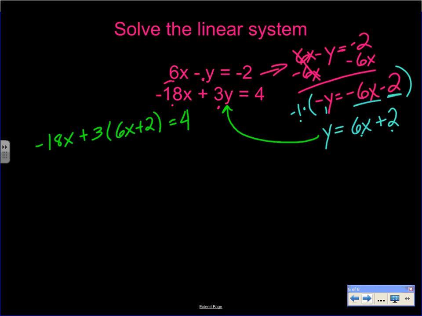Must mean you're doing something right. So if we're looking here, now we have all x's, so we can combine those like terms when we get to that point. We have a positive 3 outside, so let's distribute. That's going to be 3 times 6x is a positive 18x, and 3 times 2 is a positive 6.